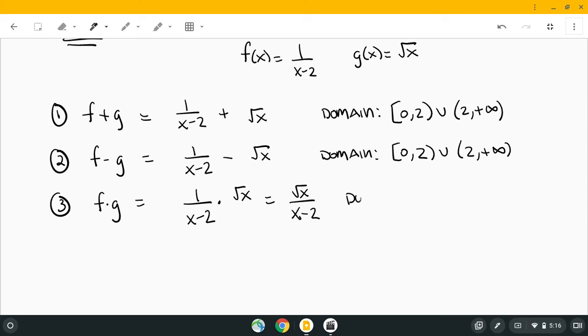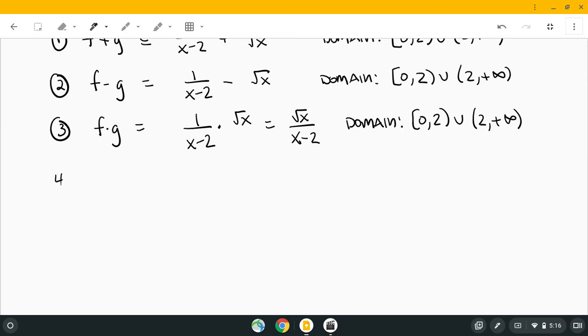Okay. And the domain here would be the intersection. Oh, you know what? Why am I writing union? Oh, duh, because that's the intersection.